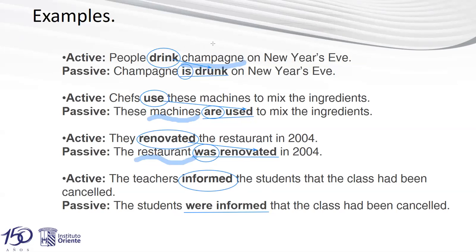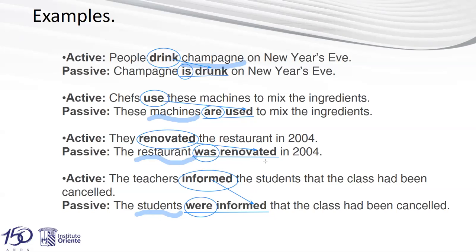Because we have here the students. A student, the students were informed because it's plural. Okay, guys? So it is past, we need was or were. In this case, it is were because it's the students, plural. And informed is the past participle of inform. It is regular. Okay? Yes, guys?